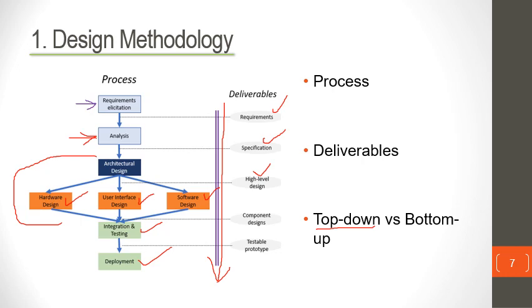Sometimes when the system is well known, it can be easy also to use the bottom-up approach. In the bottom-up approach, what tends to happen is that after the requirements and the analysis of the requirements have been done, the design team can decide to start designing the details of the system, that's the specific hardware, the specific user interface, the specific software, or the specific blocks, and then see how those specific blocks can combine together to create the ultimate architectural design for the whole system.